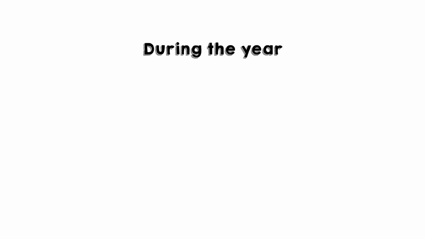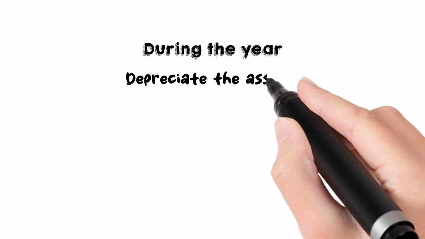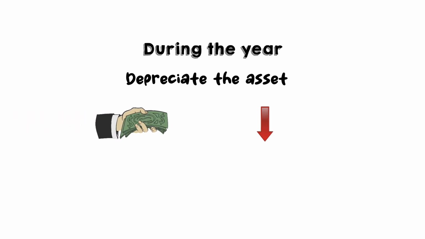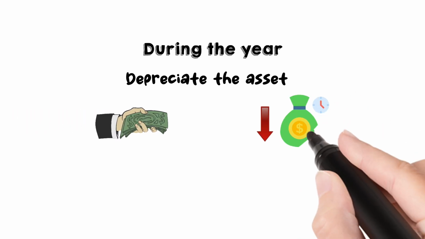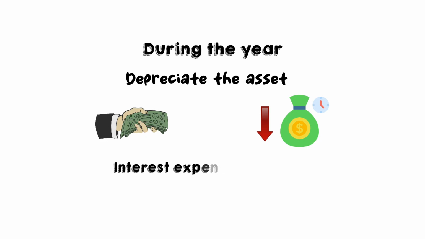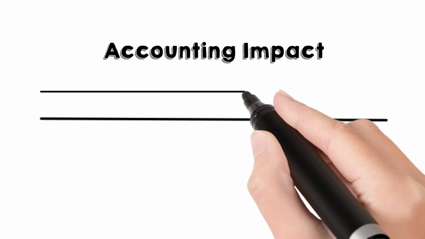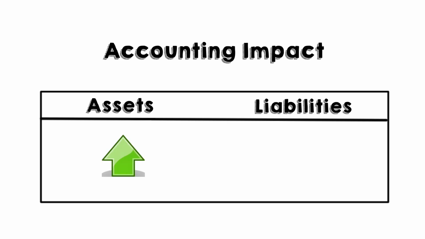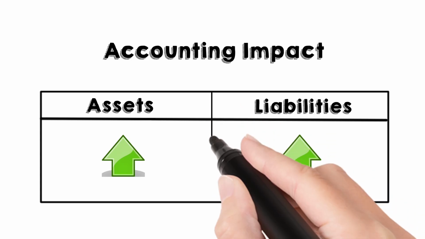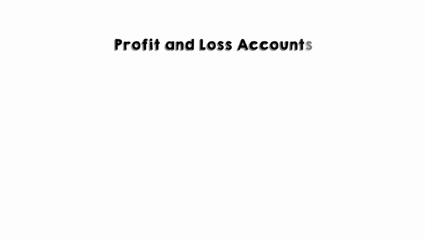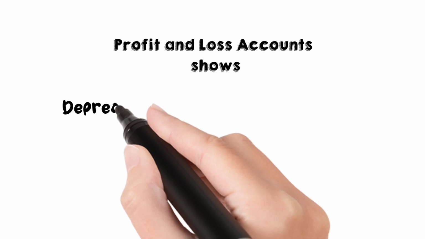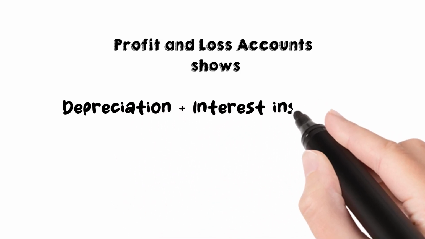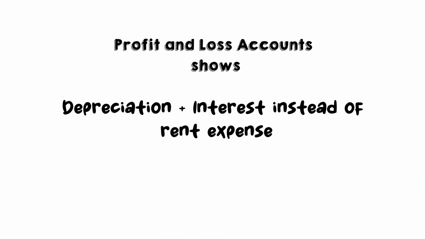During the year, depreciate the asset, pay rent, reduce liability, and record interest expense on liability. Accounting impact on balance sheet: assets increase, liabilities increase. Profit and loss accounts show depreciation plus interest instead of rent expense.